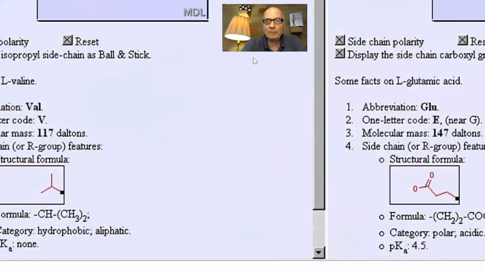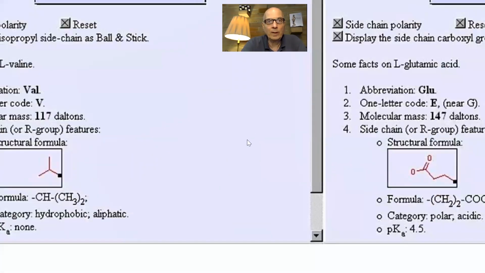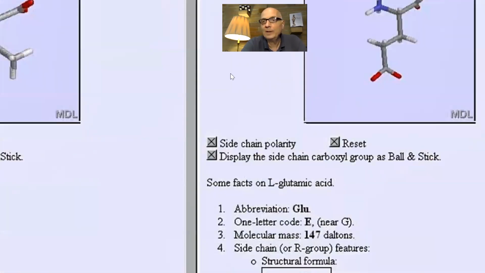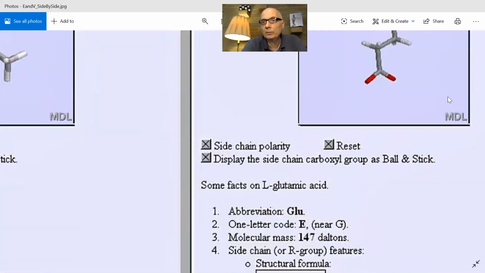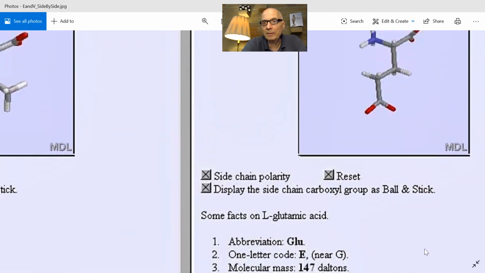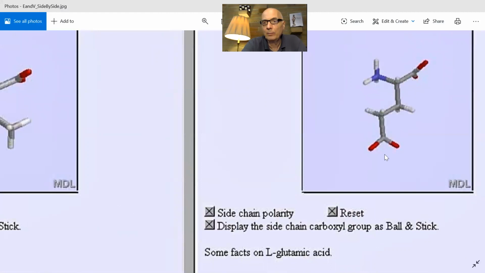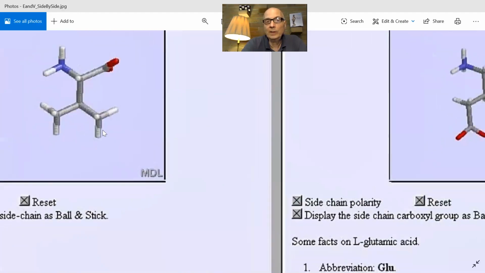And we find for glutamate especially that, beside the carboxyl group in the backbone, you find another carboxyl group, that's the acid component in the side group, versus valine being totally non-charged here.